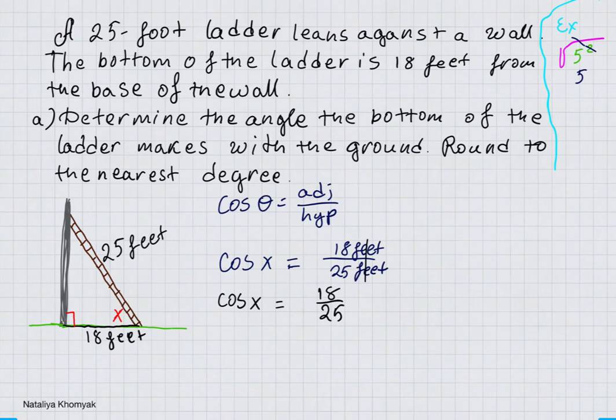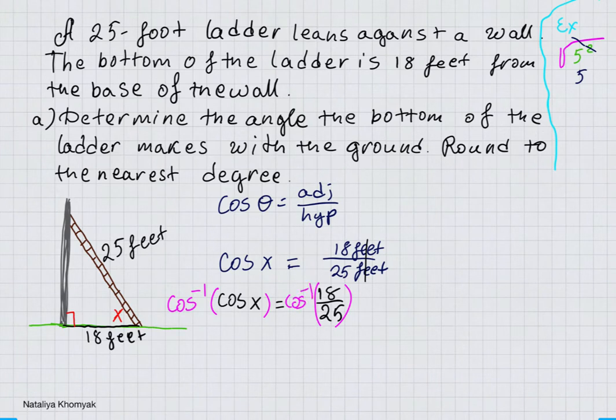So the inverse of the cosine is cosine to the -1, and all you need to do is find that key on your calculator. What you do to one side of the equation, you have to do to the other side.